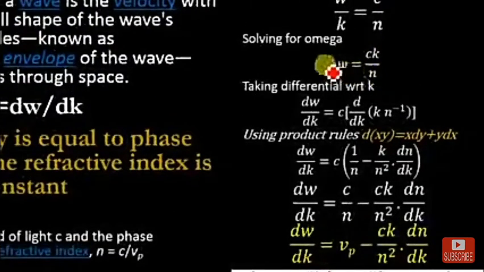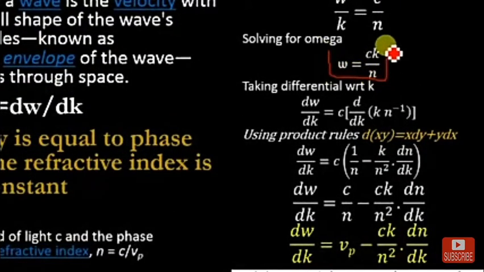Now differentiating this term with respect to k, we will get d omega by dk is equal to c into d by dk of k times n to the power minus 1. This c is the speed of light, and the speed of light is constant, so we do not need to differentiate it. We will only deal with the k n to the power minus 1 using the product rule.